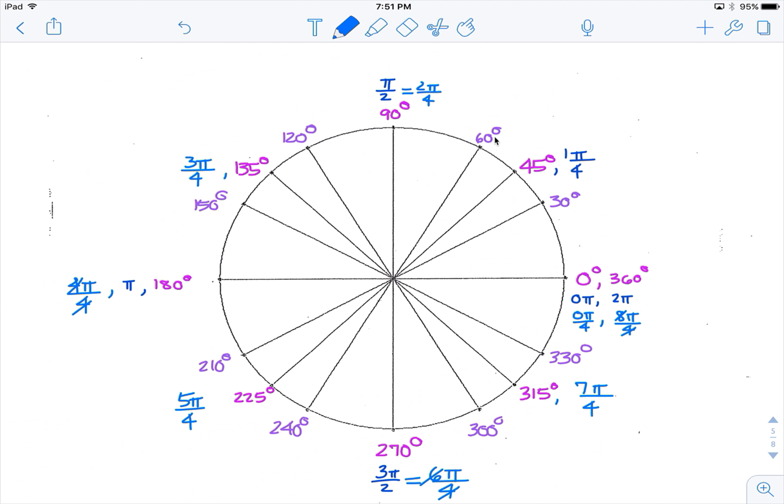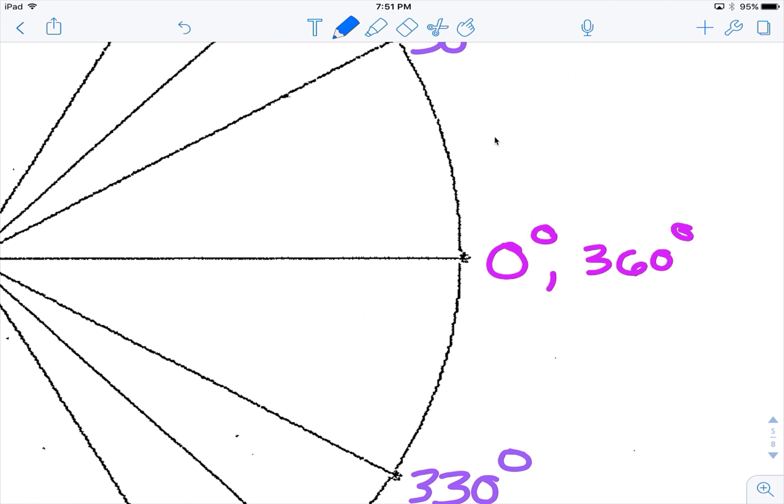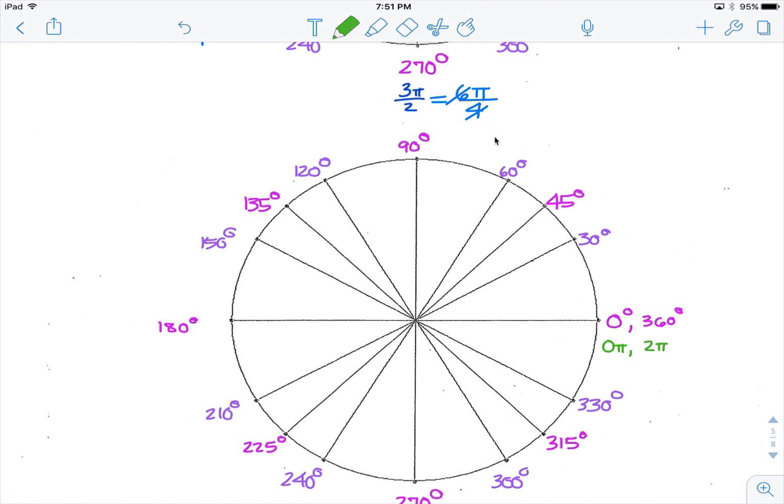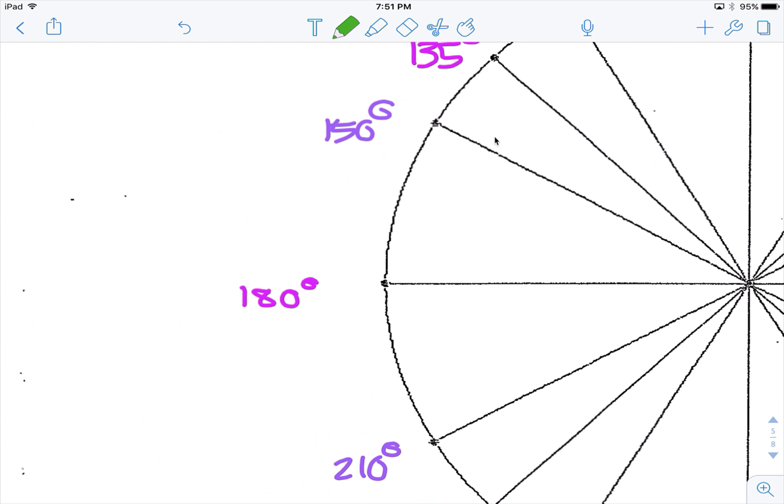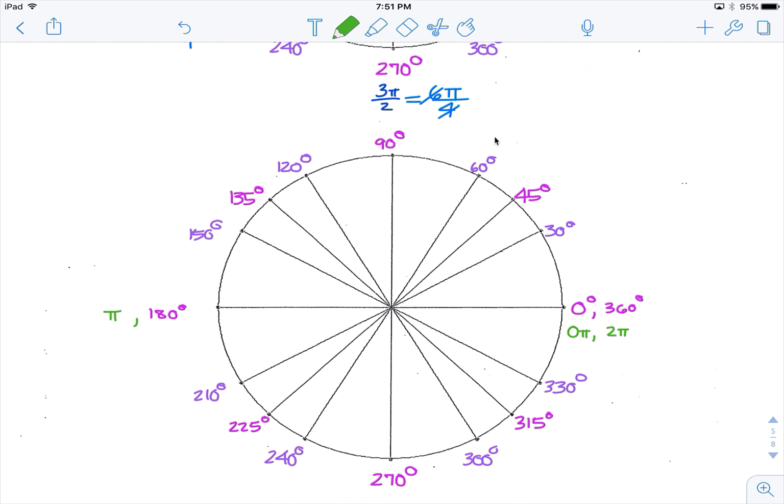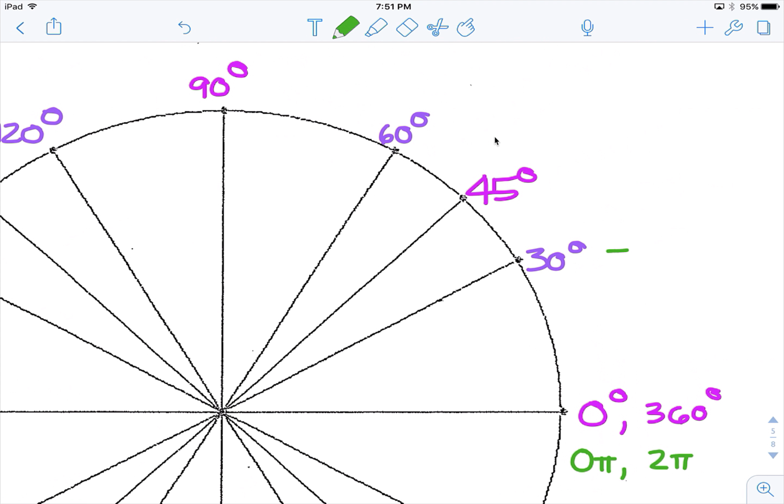So for the first one, we already know that this is the same as 0 pi, or 2 pi. And then halfway around the circle would be equivalent to pi. And then if we break up the first half of the unit circle into sixths, then this would be 1/6 pi.